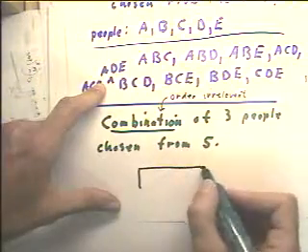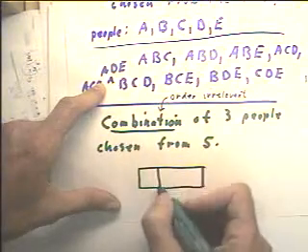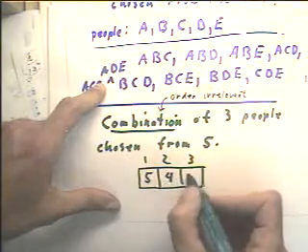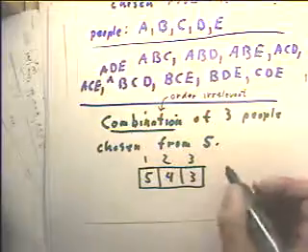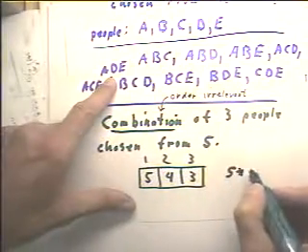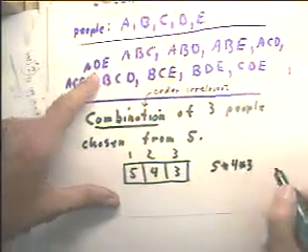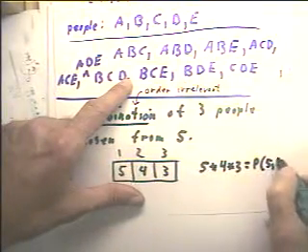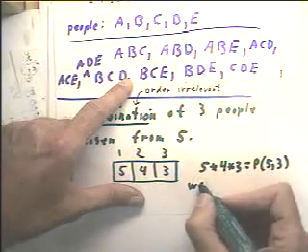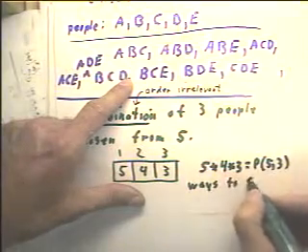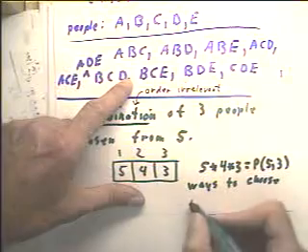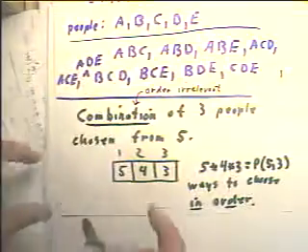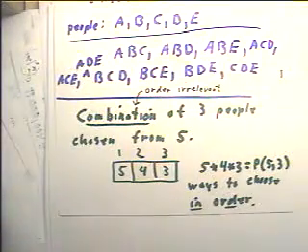Now, if we chose the people in order, it would look a lot like the permutation. We have positions 1, 2, and 3. 5 choices for the first, 4 for the second, 3 for the third. There, 5 times 4 times 3 equals P of 5, 3, ways to choose in order. But we said that order doesn't matter, that this is a combination.